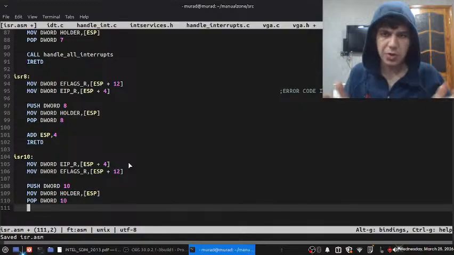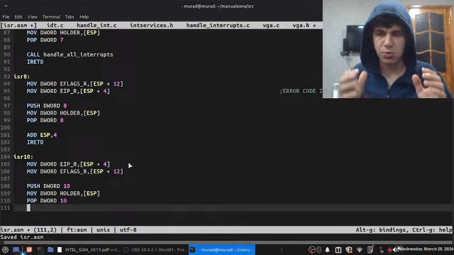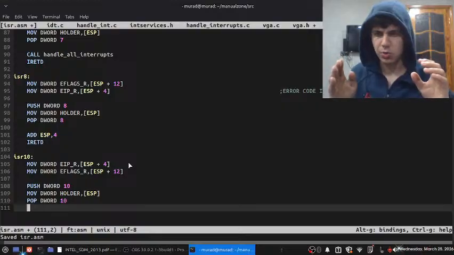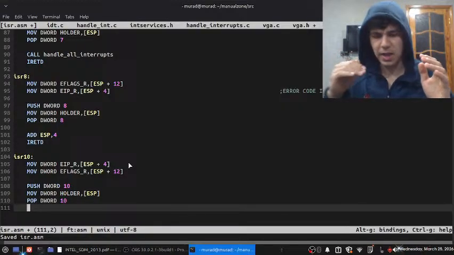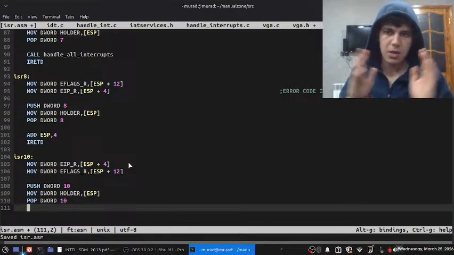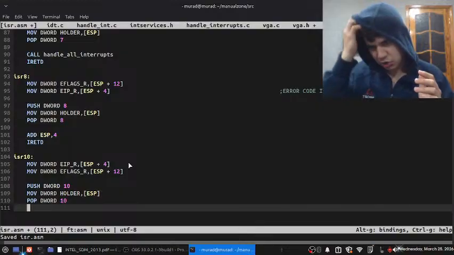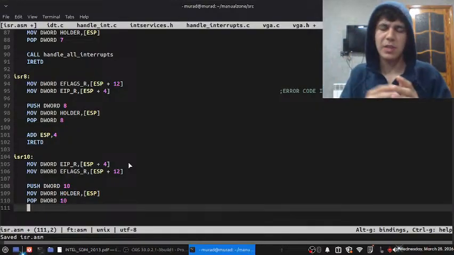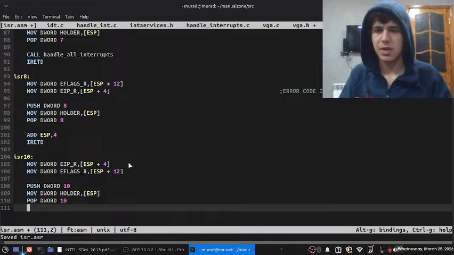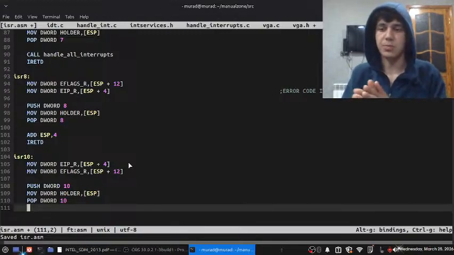It is a unit in the CPU, and the arithmetic logical unit and the flags are connected. If you add or subtract or do any arithmetic, you change some flags in the EFLAGS register.